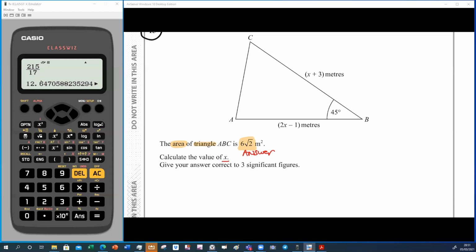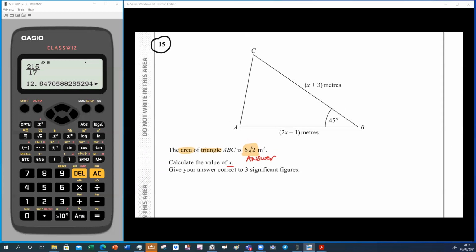Right, I need a brave soul to take over this question. Who's ready for question number 15? Okay, mashallah, all the hands are firmly down.